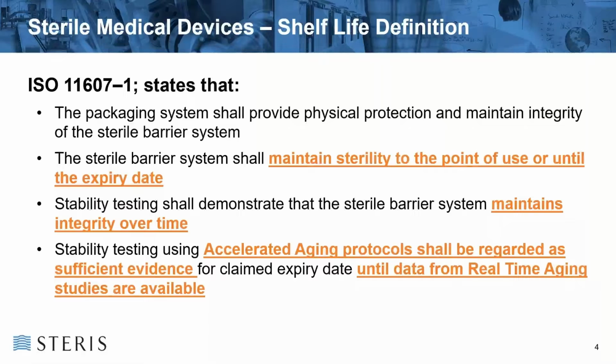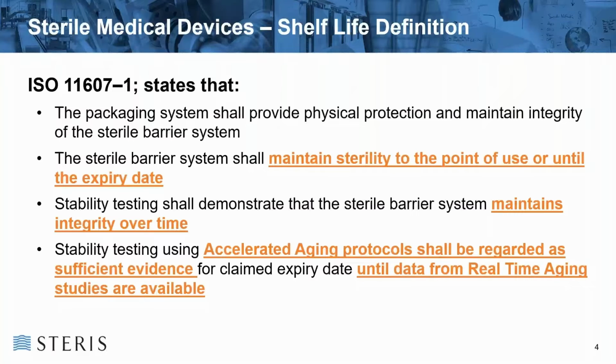This is carried out by doing stability testing that demonstrates that the sterile barrier maintains its integrity over time. The way that is done is by using accelerated aging protocols, which shall provide sufficient evidence to claim the expiry date so you can commercially release the product.